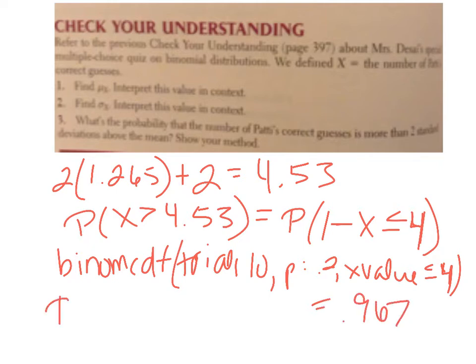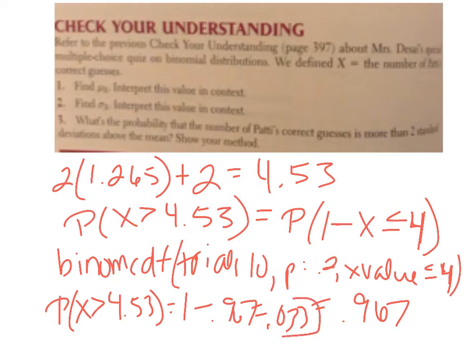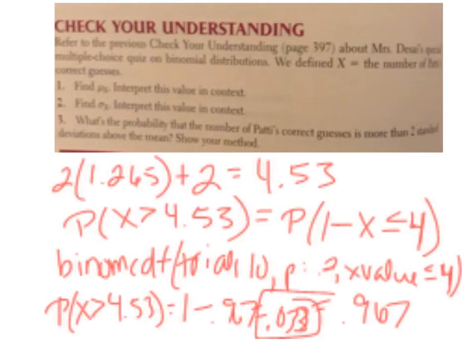So the probability of x being greater than 4.53 is 1 minus 0.967, which gives me 0.033. That's my final probability. What that tells me is that the probability is not very high of Patty having correct guesses of more than 2 standard deviations above the mean.